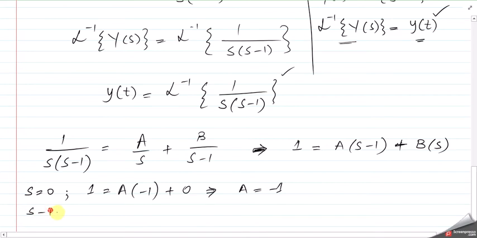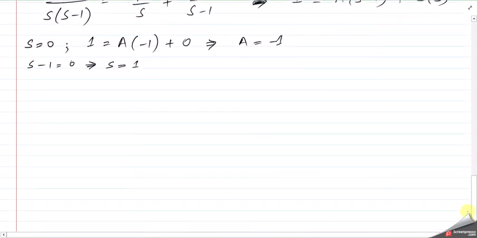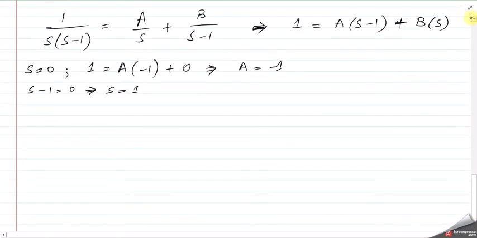Then we put s minus 1 equals 0, which implies s equals 1, and this implies 1 equals a times 0 plus b times 1, so b equals 1.